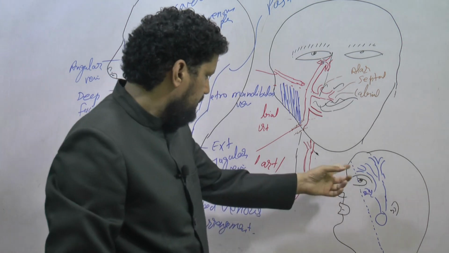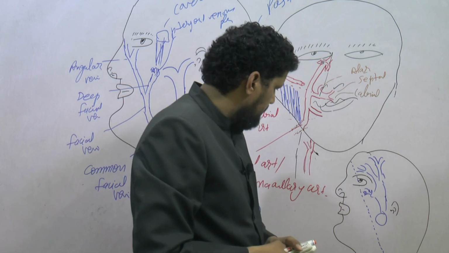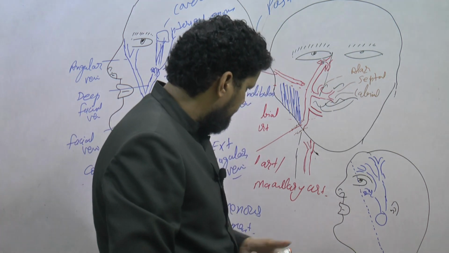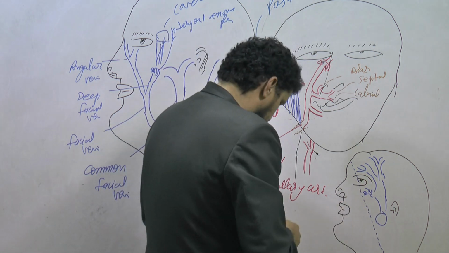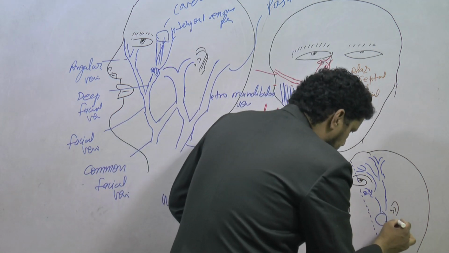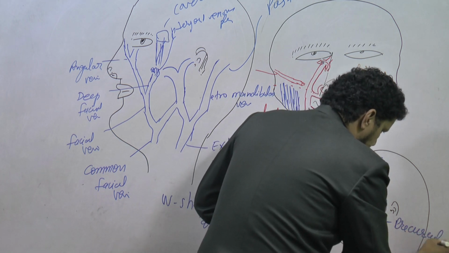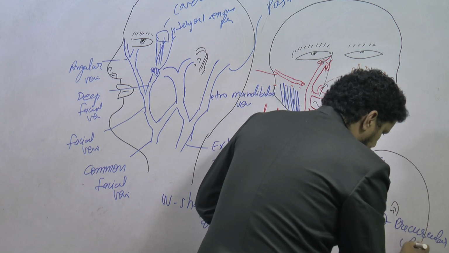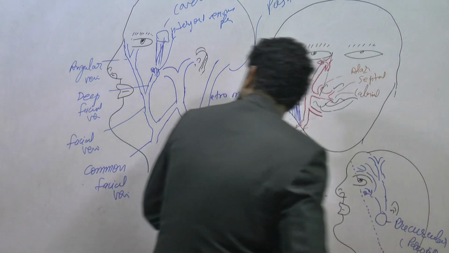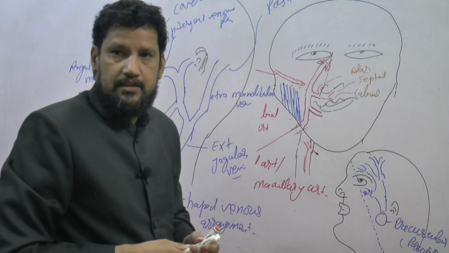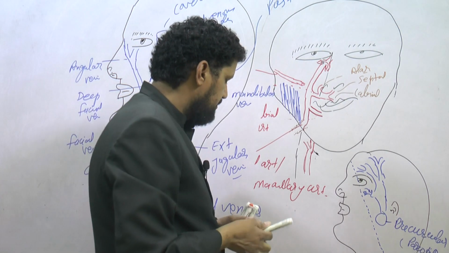The forehead, the lateral part of the upper and lower eyelids, the conjunctiva, and the orbit, part of the cheek and part of the temple, all are draining in the pre-auricular or parotid lymph nodes. So these are the pre-auricular or parotid lymph nodes.